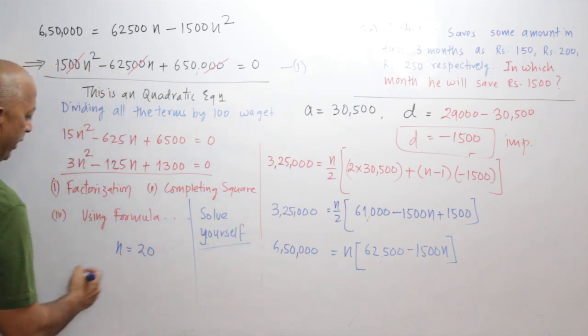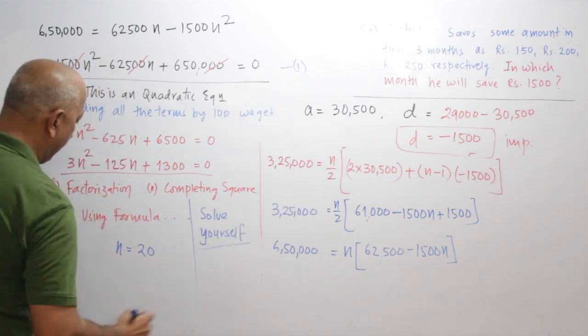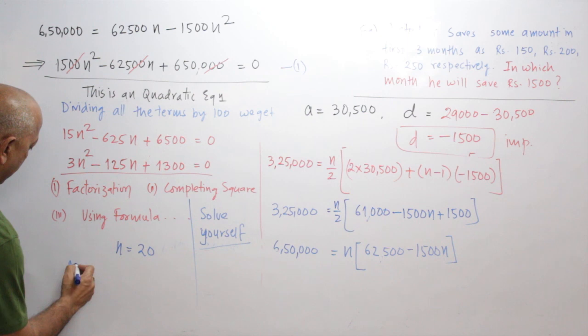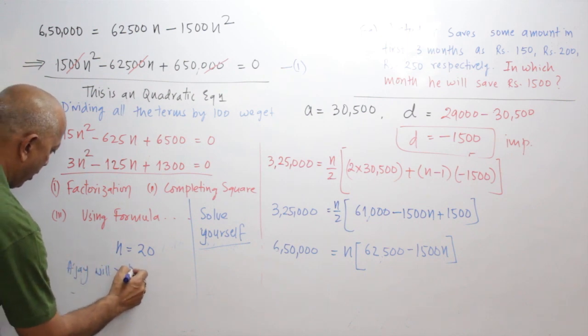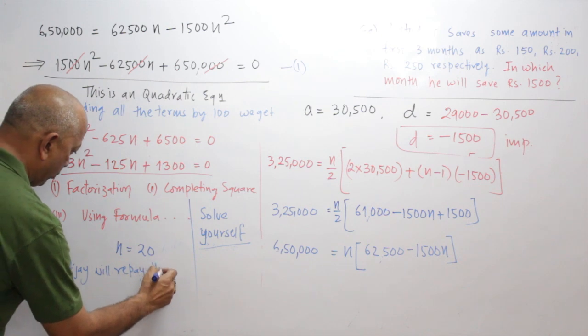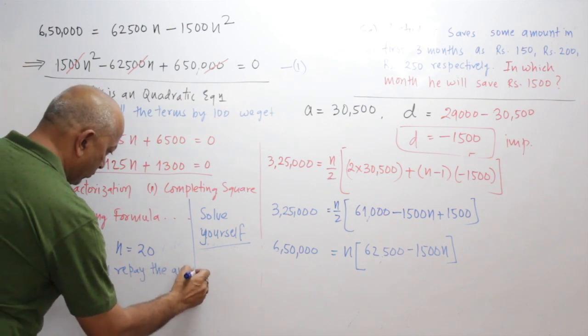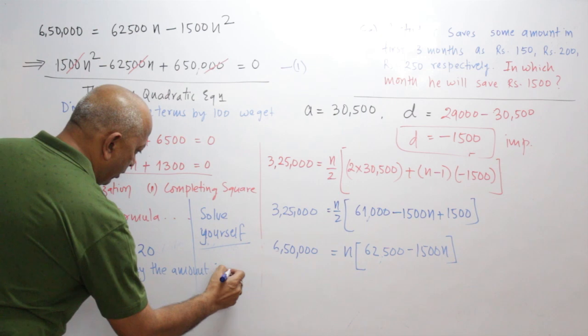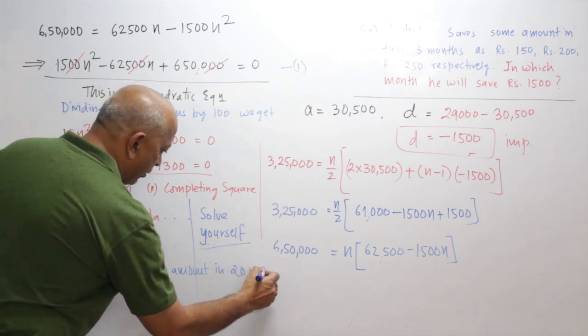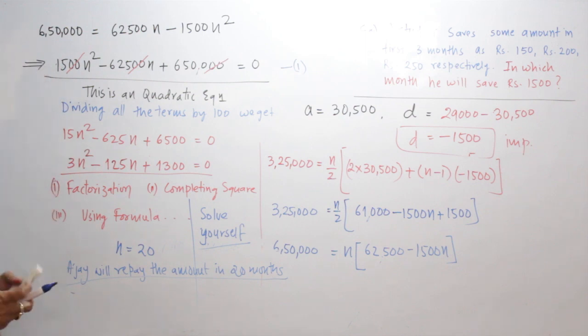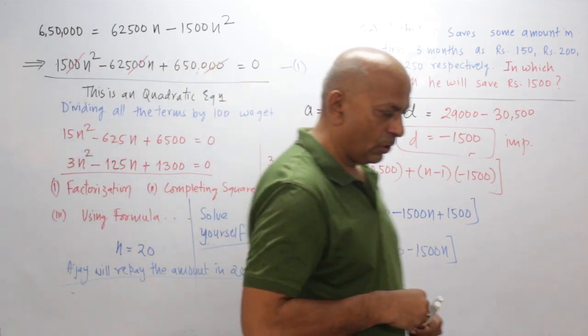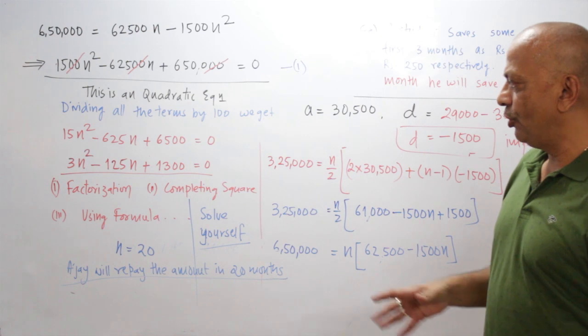So n is 20. This means that Ajay will repay the amount in 20 months. So this is the answer of that question.